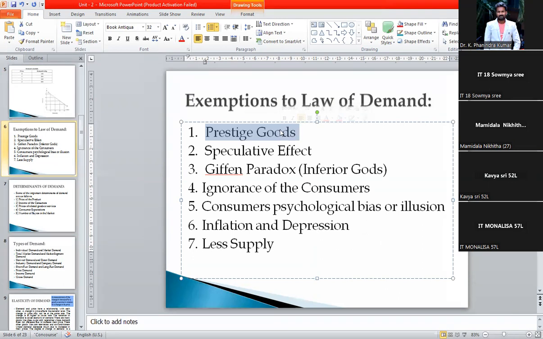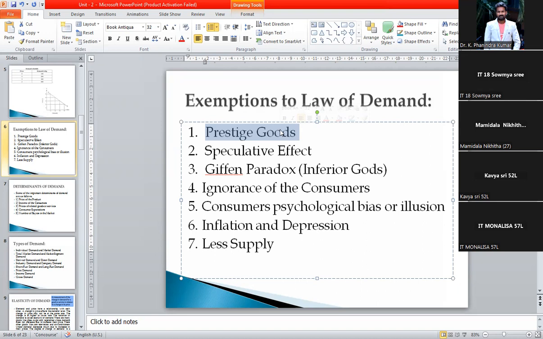If the gold price decreases or the car's price decreases, no one will come forward, because the decrease may continue for a longer period of time and people never come forward to purchase the product. The same thing happens for luxurious goods, diamonds, jewelry. Even if the price increases, people will come forward to purchase. That's why the law of demand cannot be made applicable.